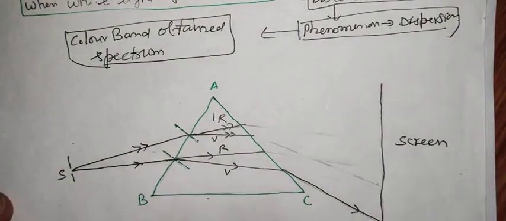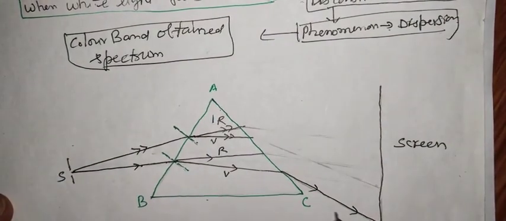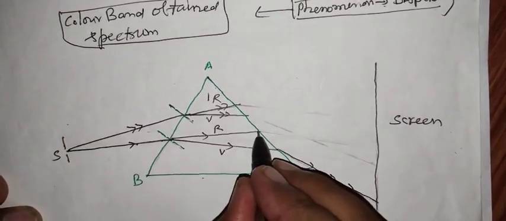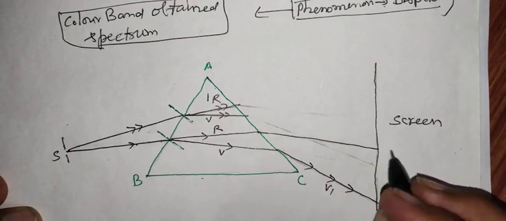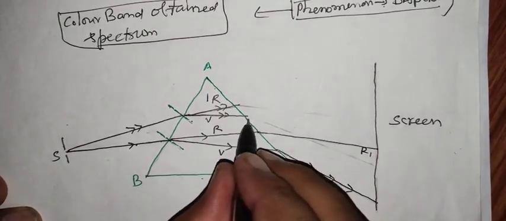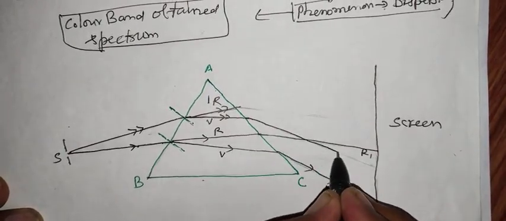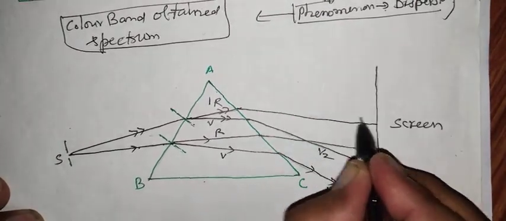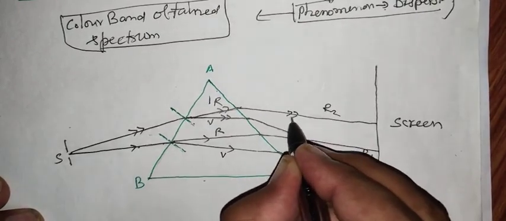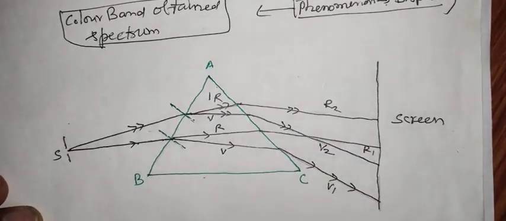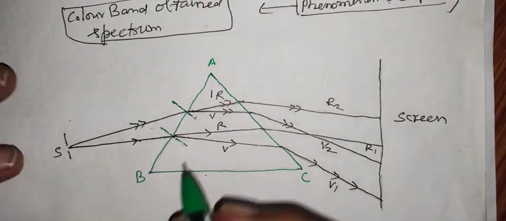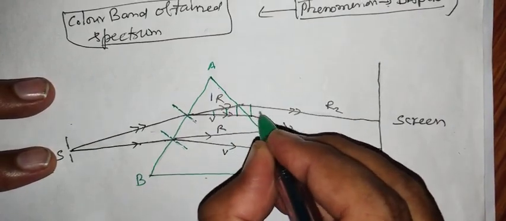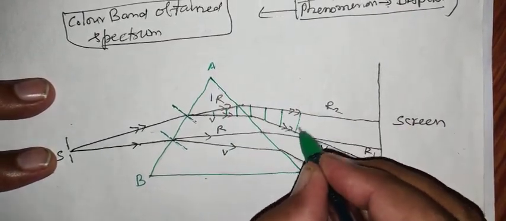Let this be a screen, a white screen is here. This is violet one, this is red one, violet 2, red 2. See here, when we see this pattern from the second, you see in the diagram.